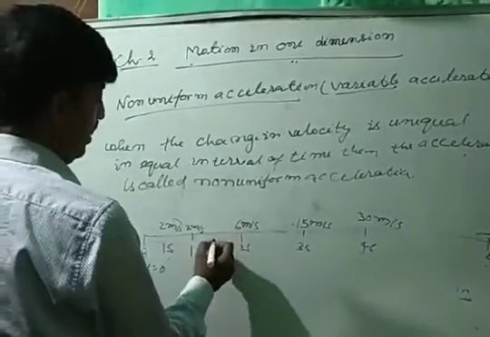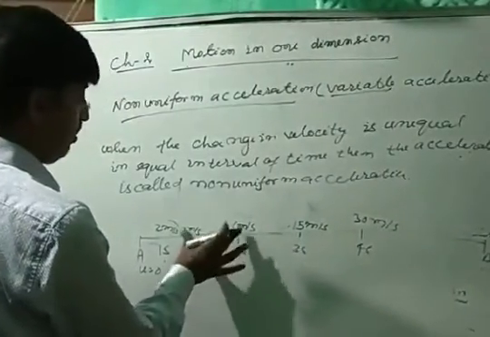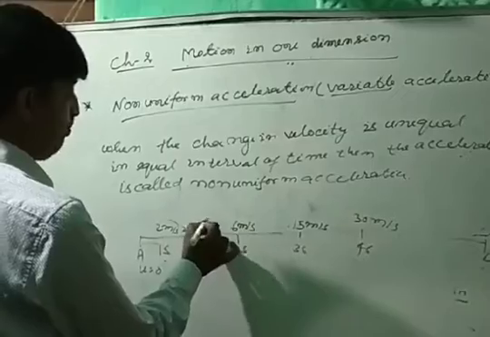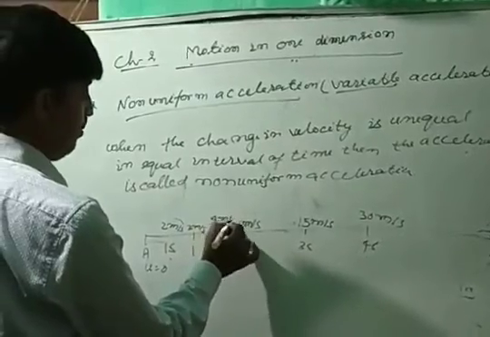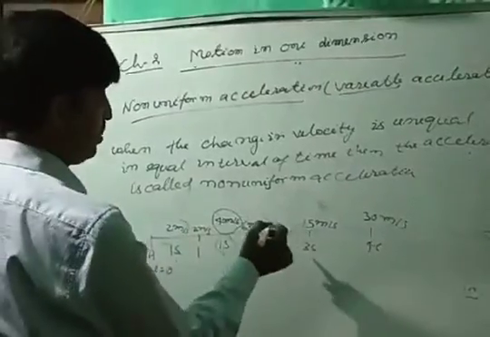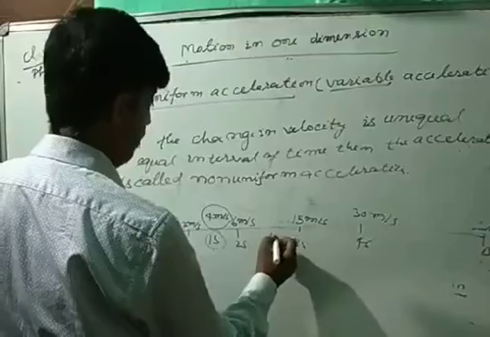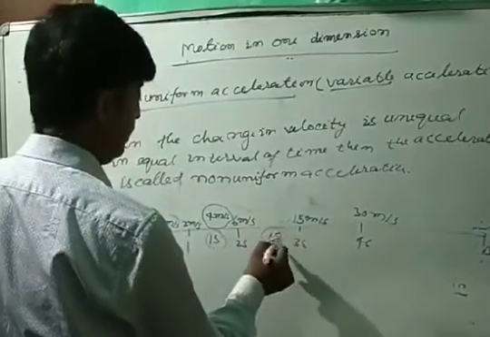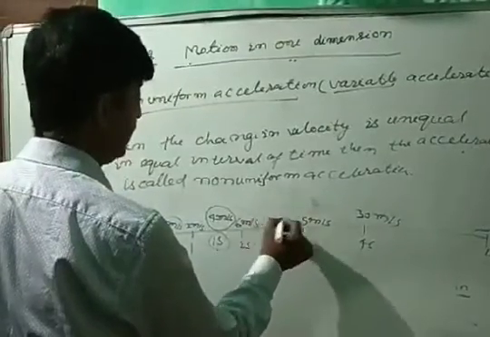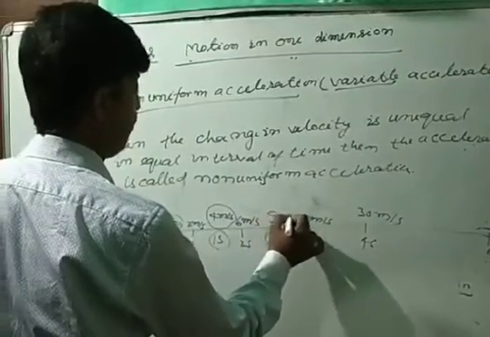In the second interval of time, in the second lapse of 1 second, the velocity changes by 6 minus 2, which is 4 meter per second. So here the acceleration is 4 meter per second square. In the third interval, the change in time is 1 second and the change in velocity is 15 minus 6, which is 9 meter per second.